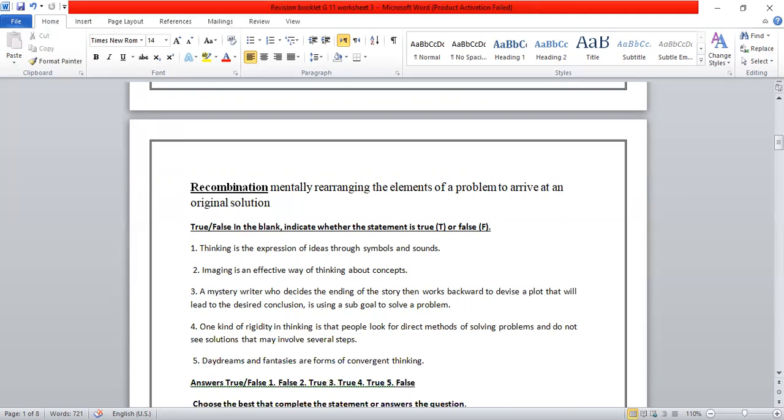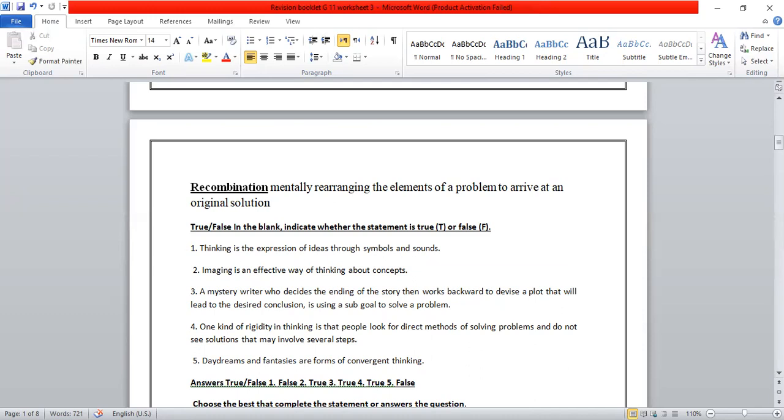Of course not. A mystery writer who decides the ending of a story, then works backward to devise a plot that will lead to the desired conclusion, is using a sub goal to solve a problem. Yes, it's true. It's a sub goal because the conclusion of the story is a sub goal. He is writing a story, and one of his goals is to write the conclusion.